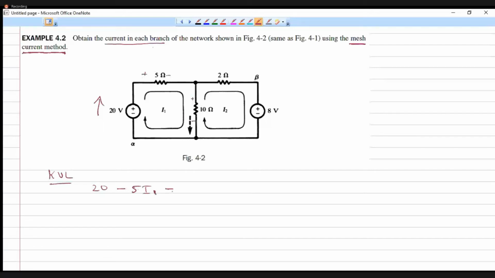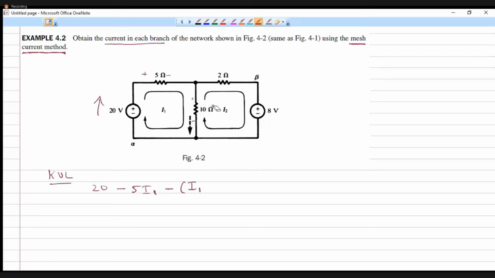So minus, in the direction of I1, I have to take plus I1. And it is opposed by this I2. So in this branch we have got two currents. One current is this I1 and the other current is I2 like this.